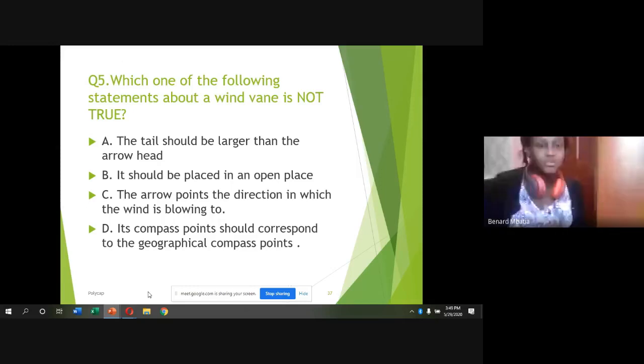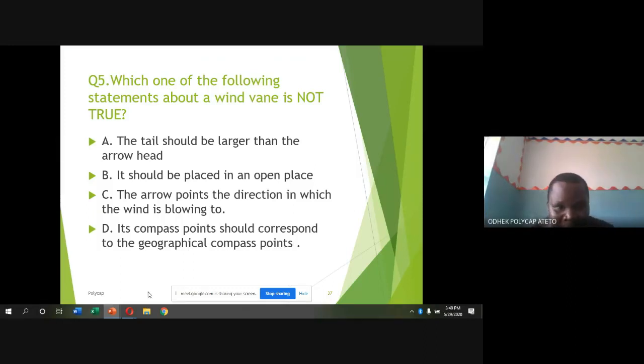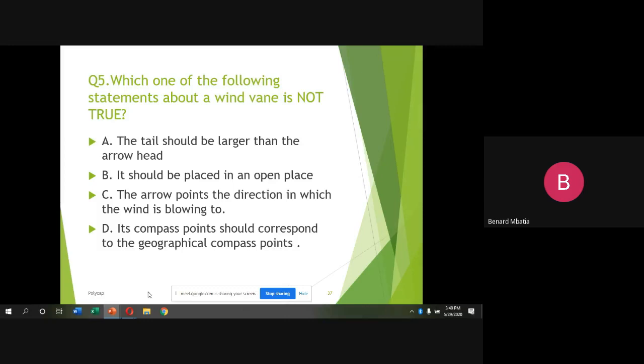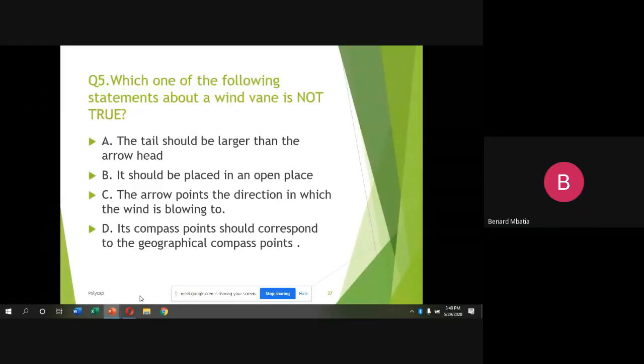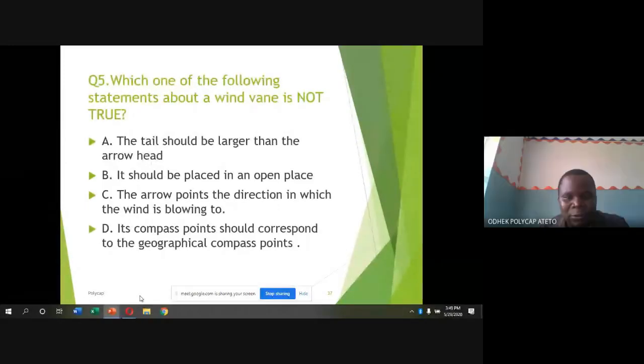Which of the following statements about a wind vane is not true? The arrowhead, that's true. It should be placed in an open place. The arrow points to the direction in which wind is blowing to. Its compass point should correspond to the geographical compass points.